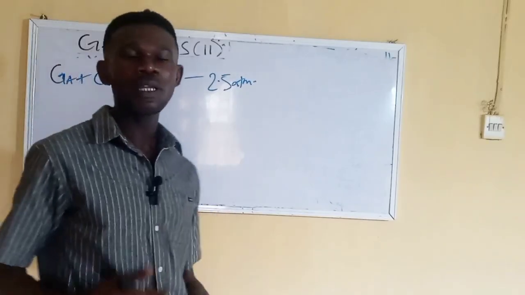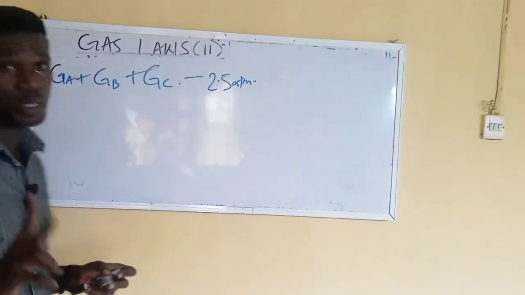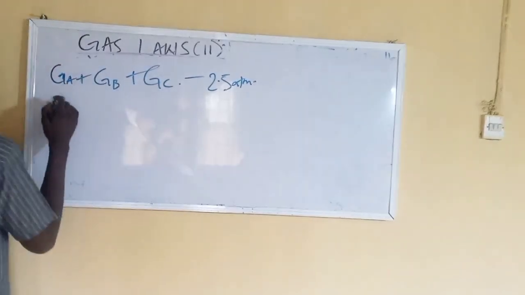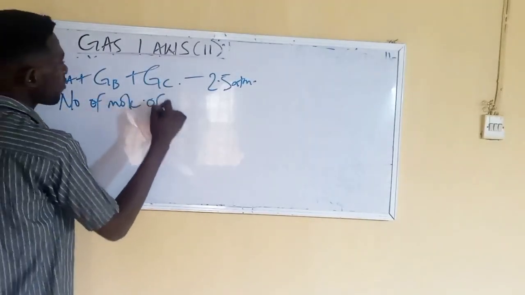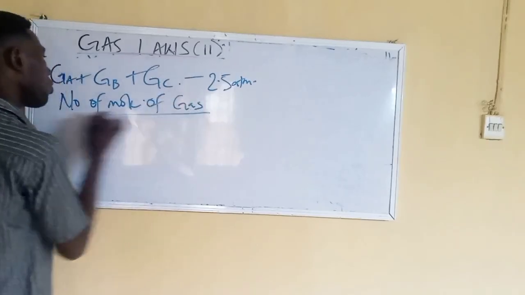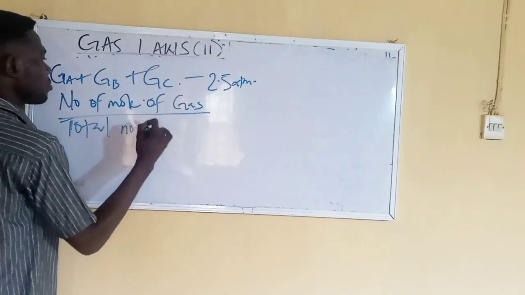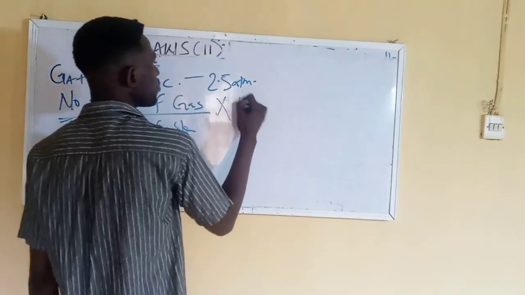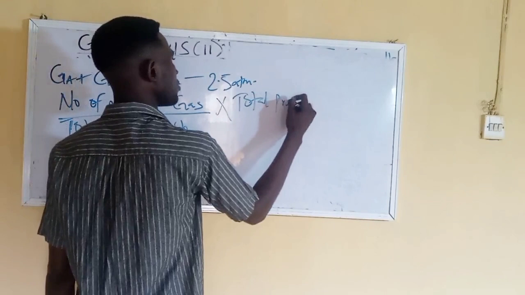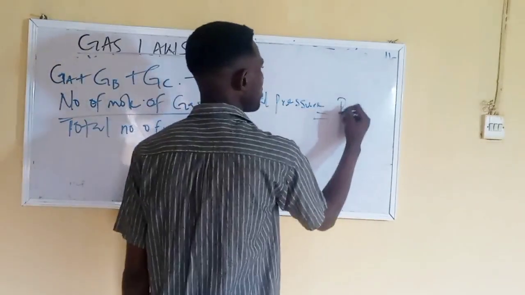Now, how do we calculate partial pressure? Partial pressure can be calculated using two methods. Number one, you can use the number of moles of the gas over the total number of moles, multiplied by the total pressure.